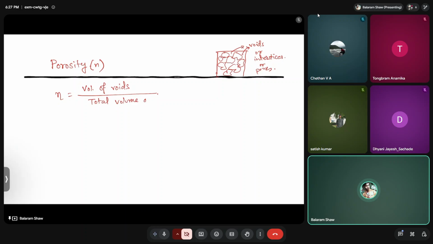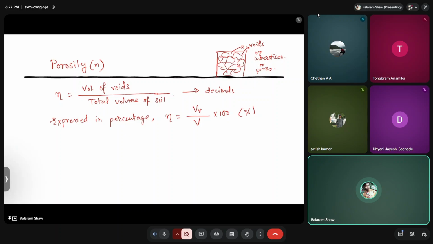This will give you a decimal, right? Porosity is also expressed as a percentage. So you can write n as Vv over V, where Vv is the volume of voids and total volume is capital V, into 100. If you multiply it by 100, you will get the percentage.